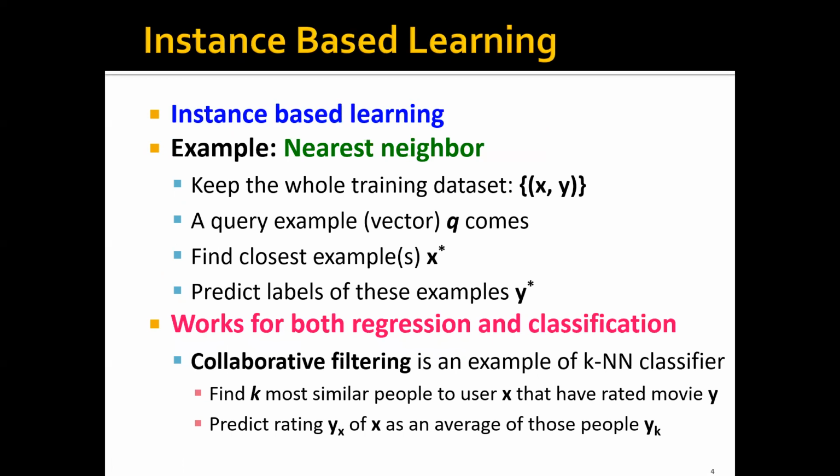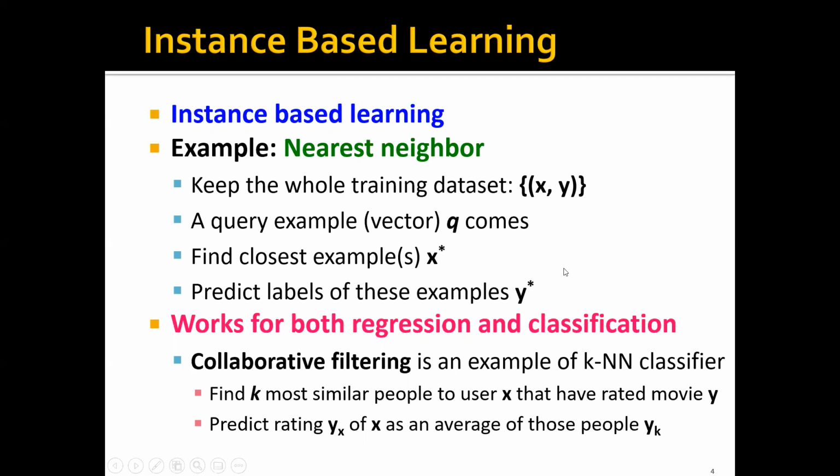The vector q comes and we just find the closest example, let's call it x star, in the training set, and we predict the label of this example, let's call it y star. Basically, we use the label of the closest example as the label of the query example.